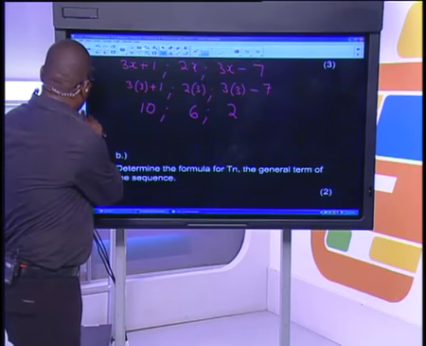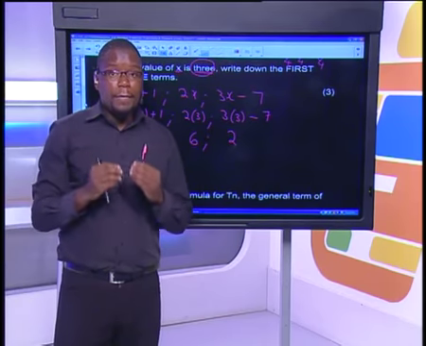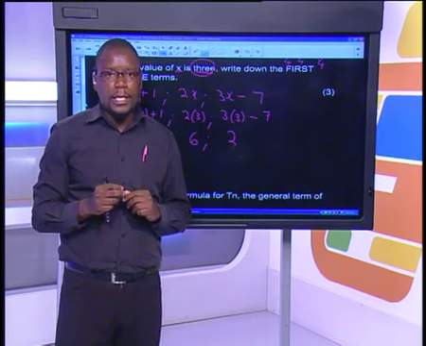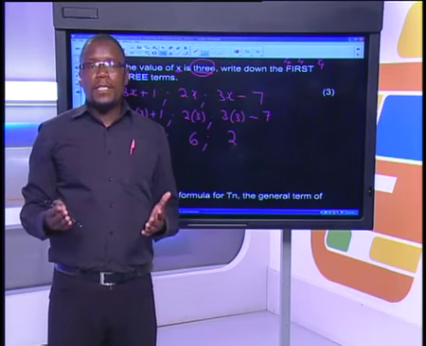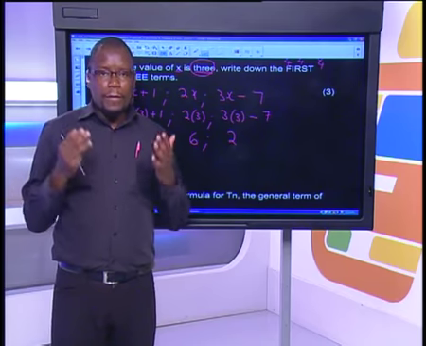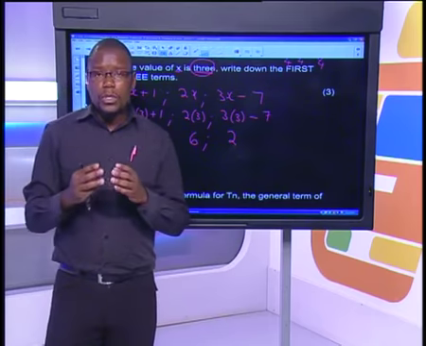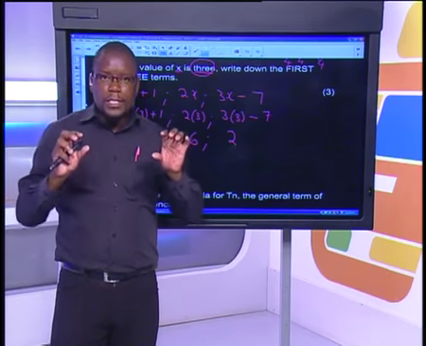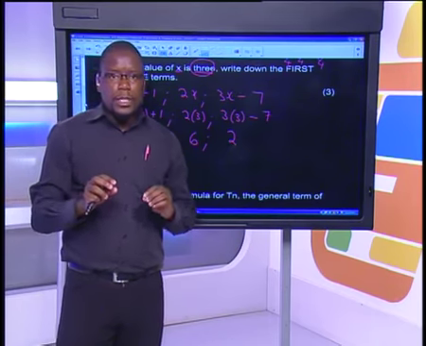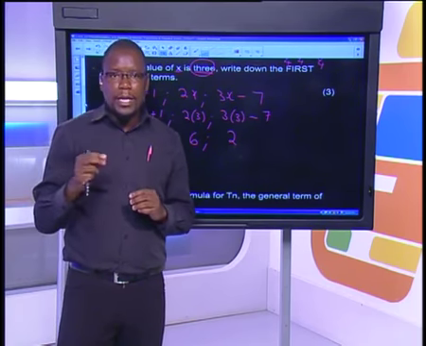Now, as I was saying earlier, they've made our life so easy by giving us the value of x, that x is 3. But what if they did not give us the value of x? The first question was to calculate the value of x if this is a linear pattern. Because you know that the first difference is the same throughout, d equals term 2 minus term 1, which will be the same as term 3 minus term 2.